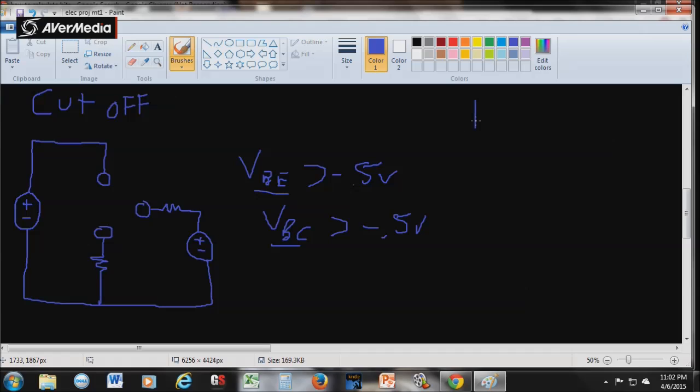So we'll do a KVL to solve for VBE. We know that VBE is right here, and of course this is all based off of our PNP convention.